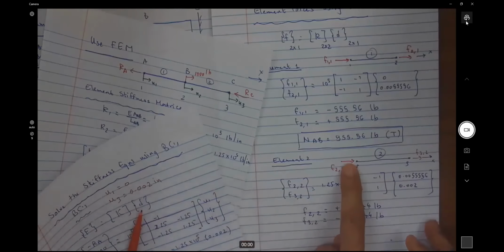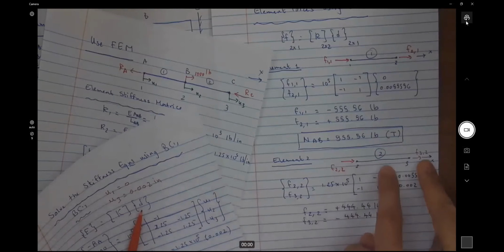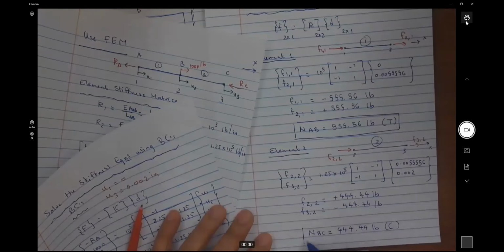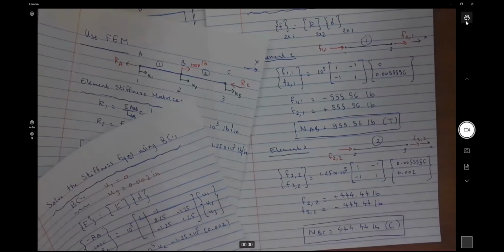Again, if this is positive, this is negative, this means that BC is in compression, and I can report that NBC, the internal force, is 444.44 pounds in compression, which are the same answers we got when we solved the problem using equations of equilibrium and compatibility.